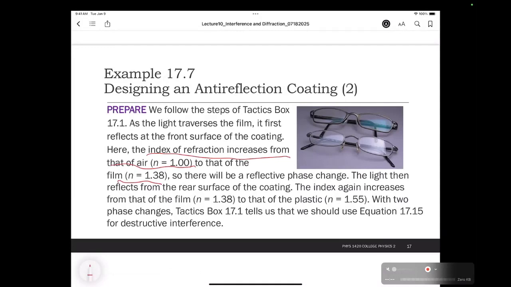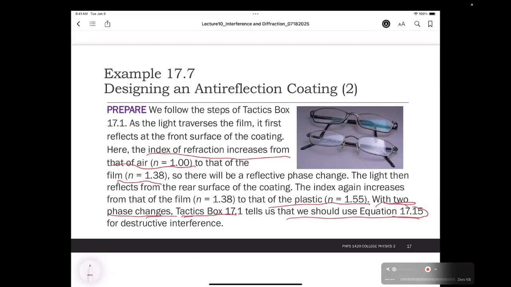The index again increases from that of the film to that of the plastic. With two phase changes, tactics box 35.1 tells us that we should use equation 35.5 for constructive interference, because you can see here there are two phase changes. Does it make sense to you?